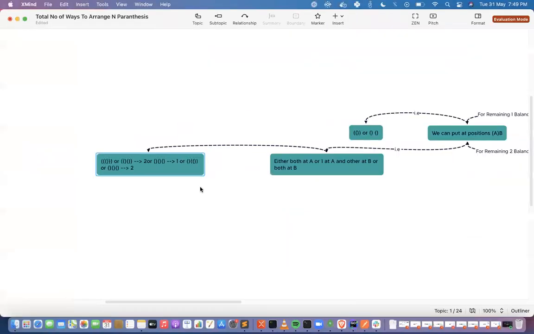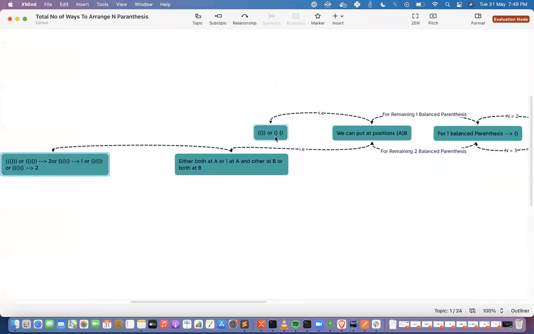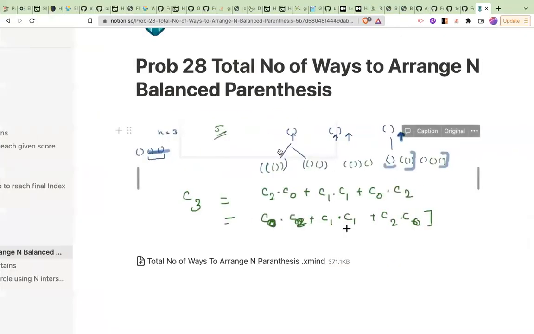Let me show you this one. So you remember this one we created. Now the two parentheses can be of this form, or it can be of this form, right? If I am choosing this balance parenthesis inside at A position, I'm forming this one, right?